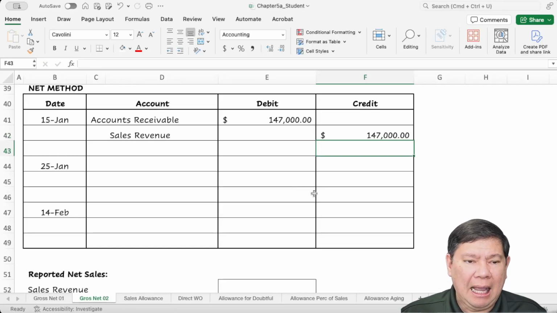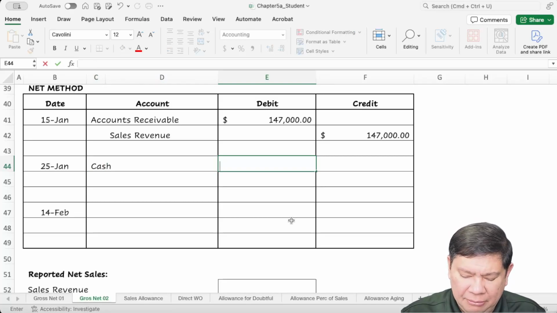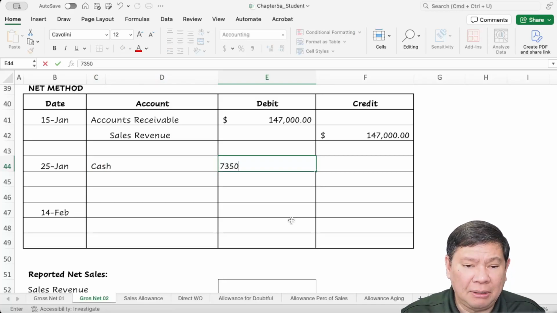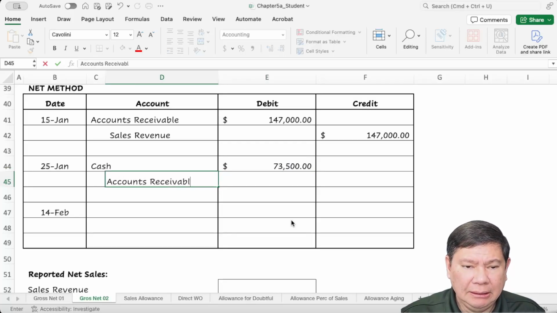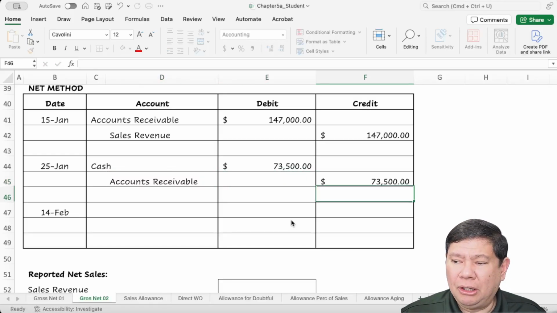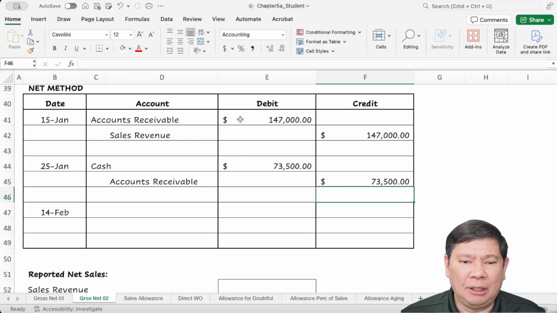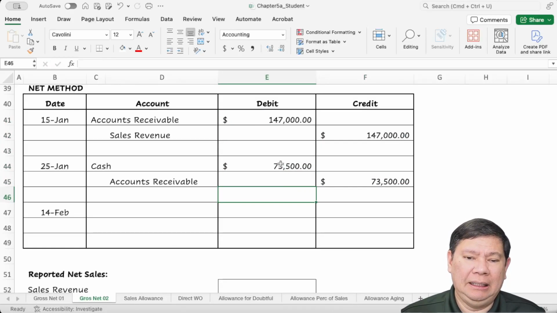And then when the first payment is done, January 25th, we get cash $73,500, and we cancel accounts receivable $73,500. Because those two are recorded based on the net amount, it's really 50% of that.